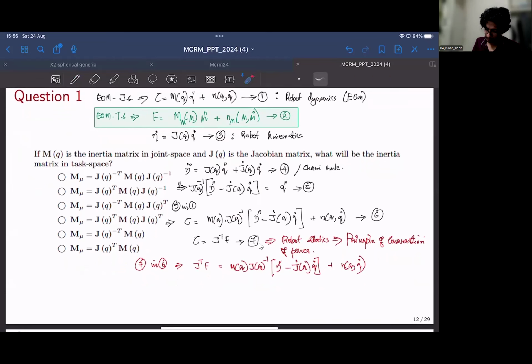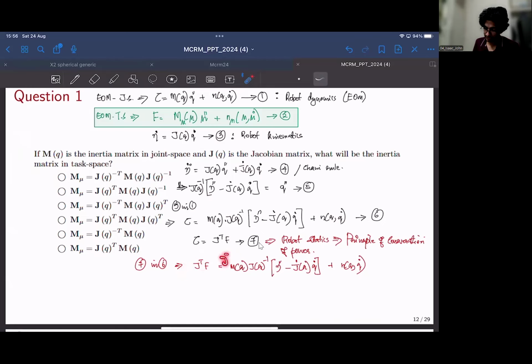So if I bring this Jacobian to the other side of this equality, I have to multiply it with J inverse transpose. If I pre-multiply this with J inverse transpose, these two terms will get cancelled and become an identity matrix.